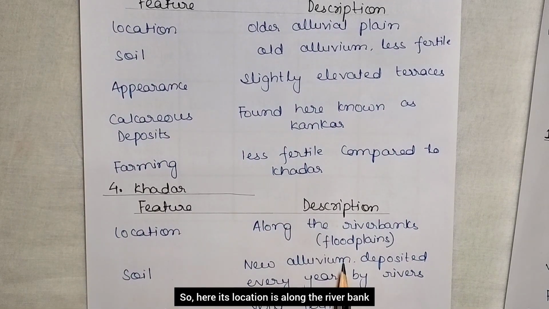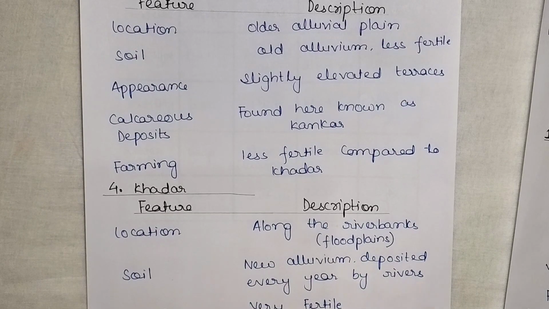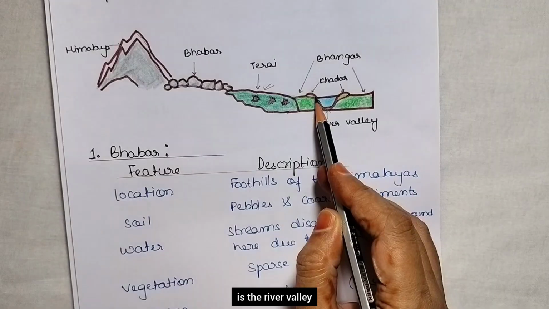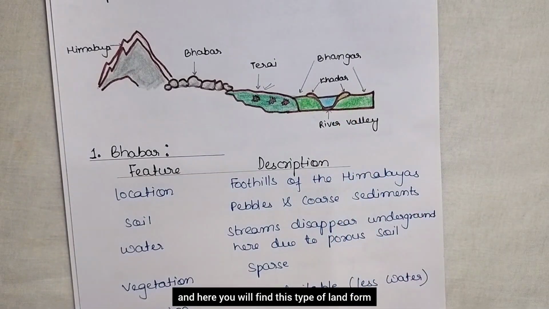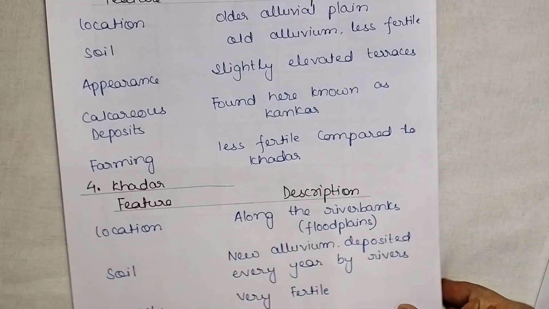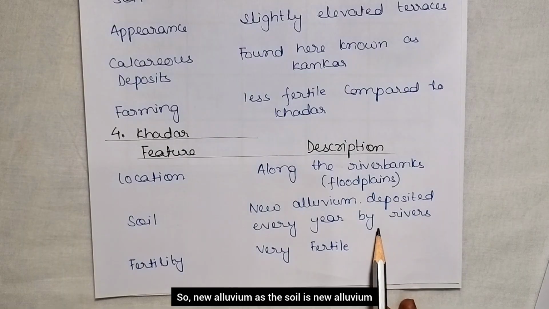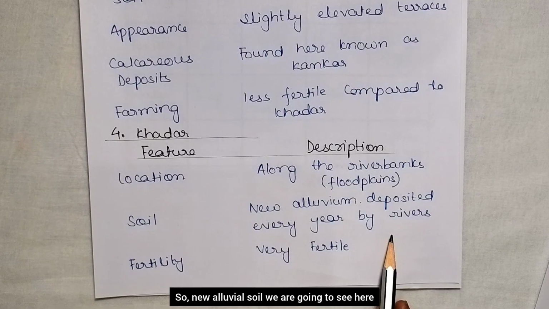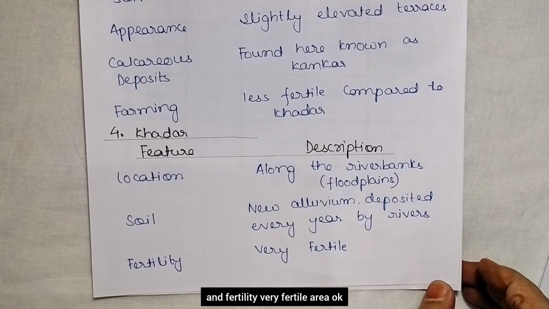Okay, and finally the Khadar landform. Its location is along the river bank, that is the floodplain area. You will find this Khadar, see, this is the river valley and here you will find this type of landform. The soil is new alluvium because it is deposited every year by the river. So we see new alluvial soil here, and it is a very fertile area.